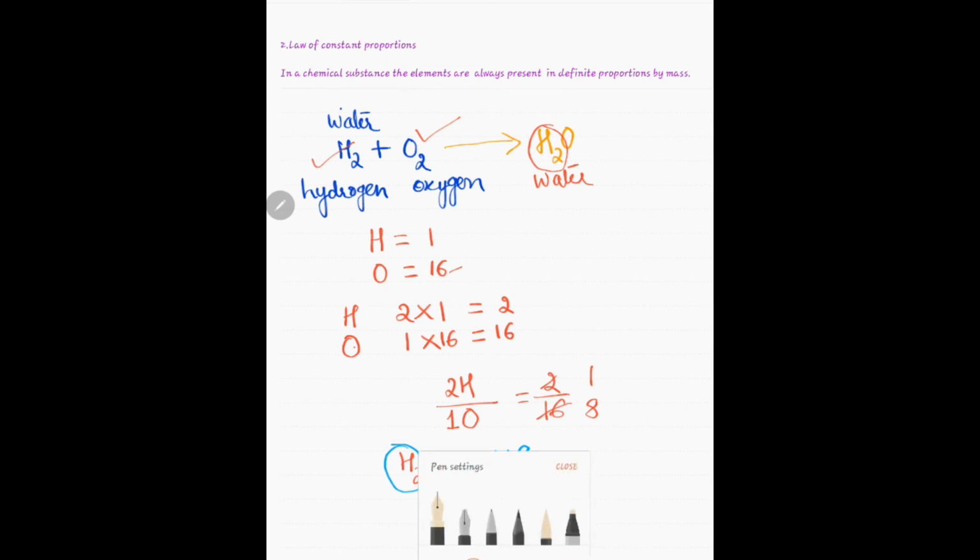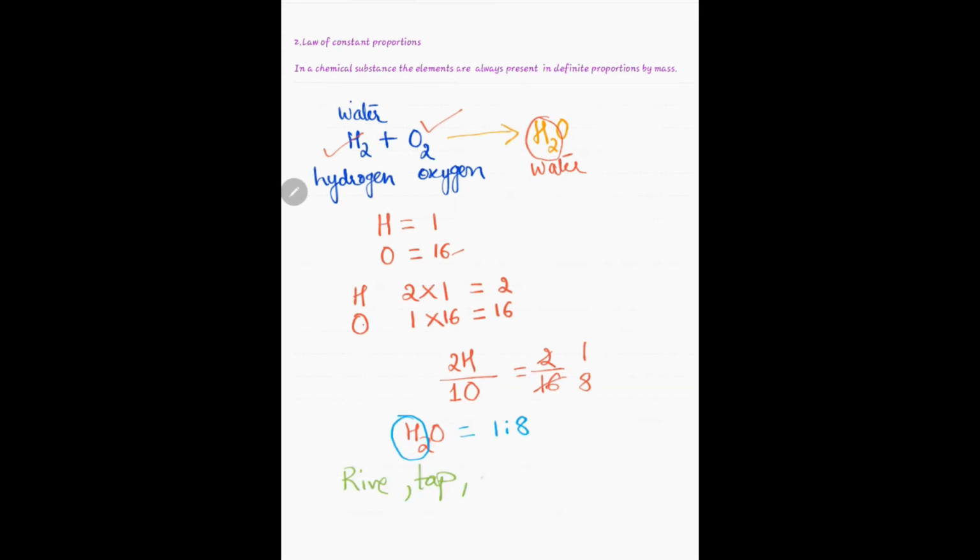This ratio is fixed. So you take water from any source, it could be the river, it could be the tap from India or outside India. If you take water from any source, there are always 2 hydrogen and 1 oxygen. So this ratio is fixed.